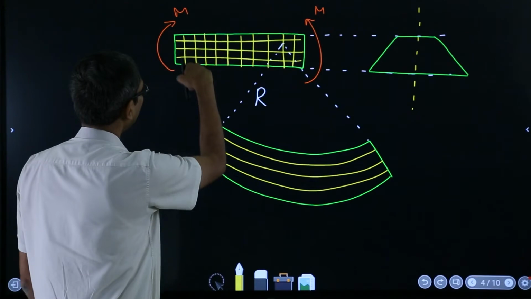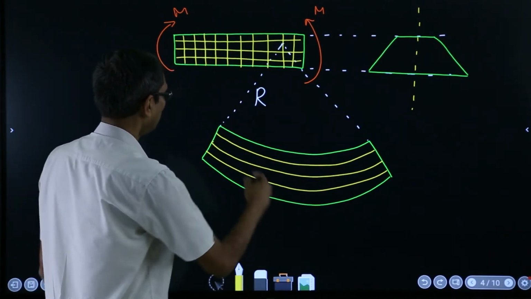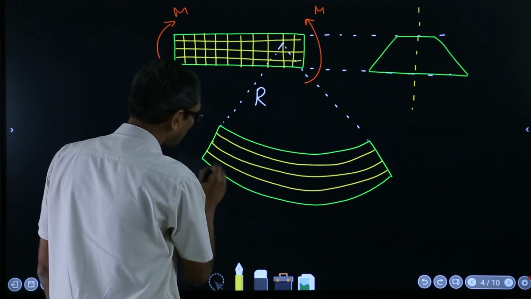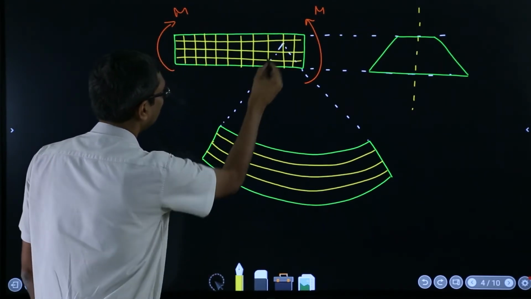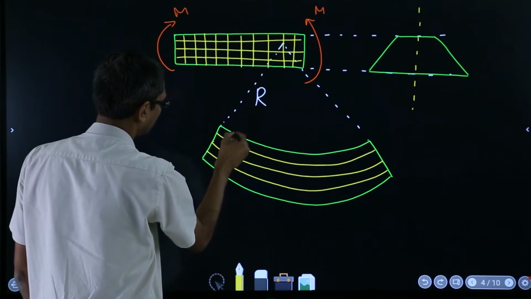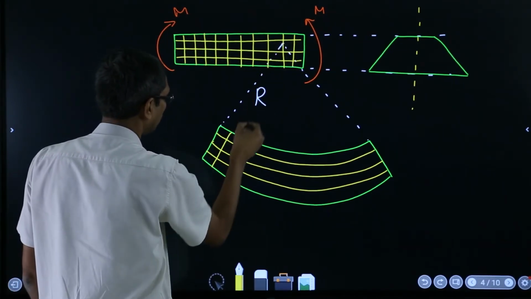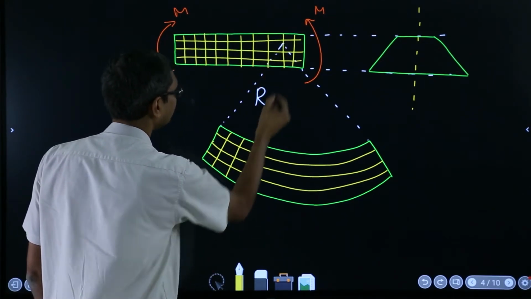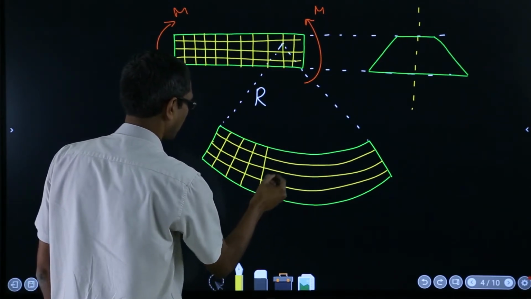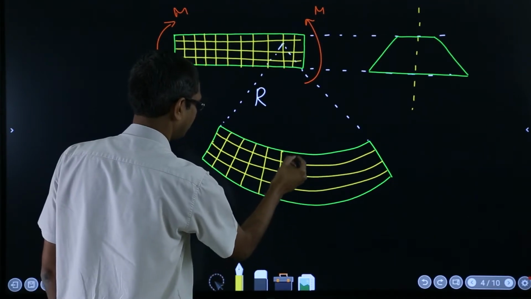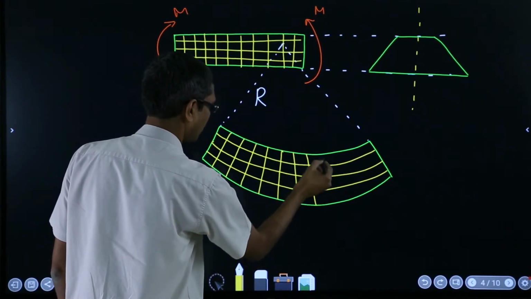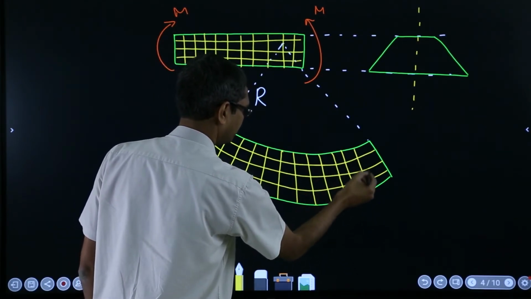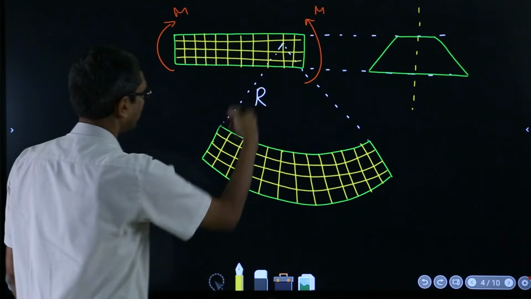And these lines, the vertical lines, will all be pointing towards the center. So if I draw like that, this will be like this. If I draw like that, this will be like this. And yeah. So whatever. I haven't counted how many I had drawn there.